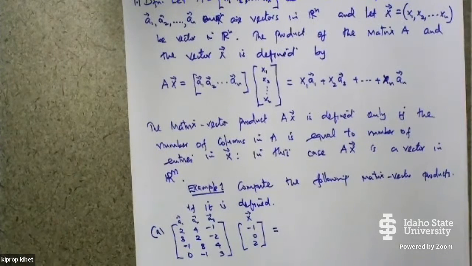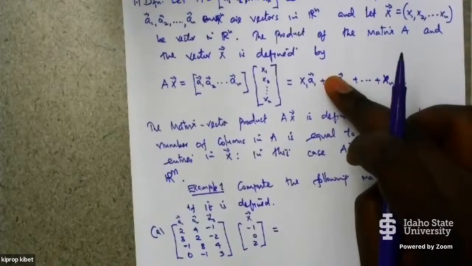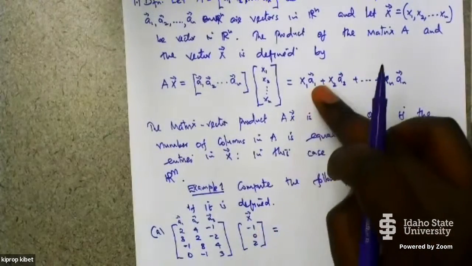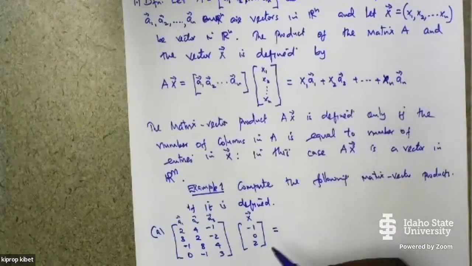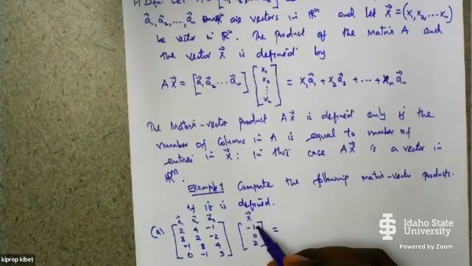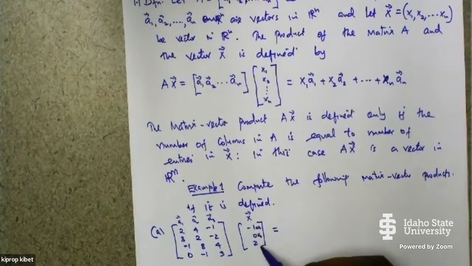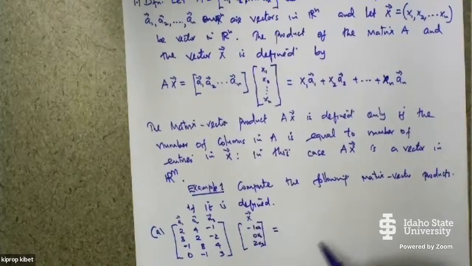It is the same as taking x1 as -1, x2 as 0, and x3 as 2.